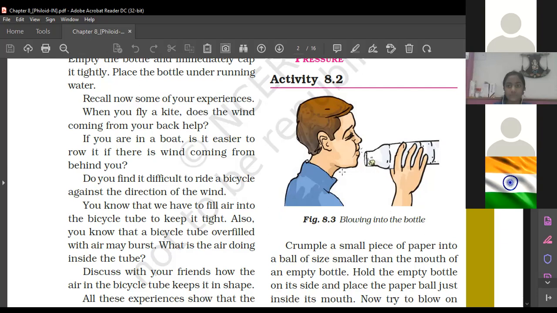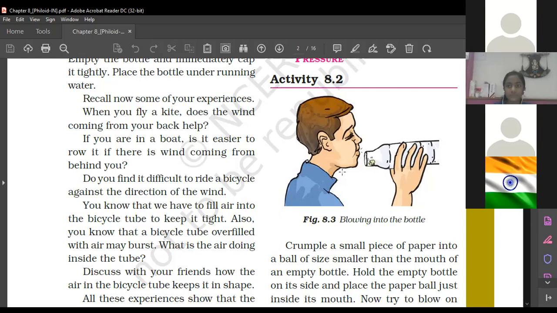Ritik? Ritik, explain it, no problem, completely. Sorry, Shiva, sorry. Shiva, finished? Yes, sir.